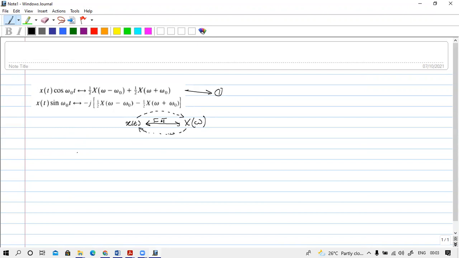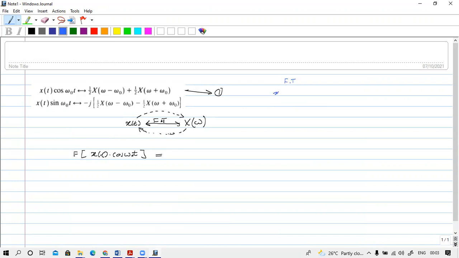So we will try to do this. Here we have to find the Fourier transform of xt cos omega naught t. I think you can remember the expression to evaluate the Fourier transform.